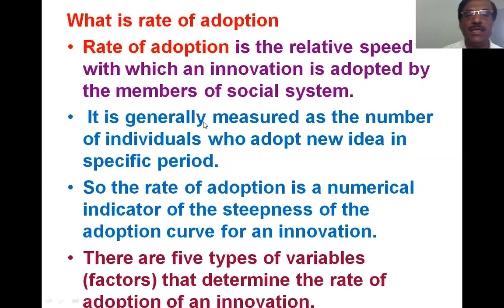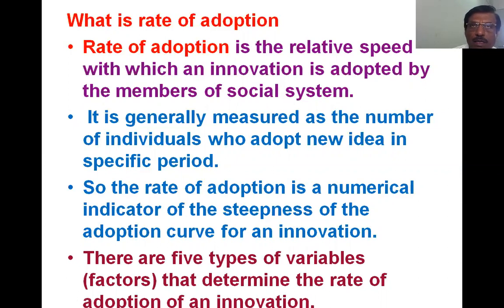Rate of adoption is generally measured as the number of individuals who adopt a new idea in a specific period. So the rate of adoption is a numerical indicator, indicated in numbers.